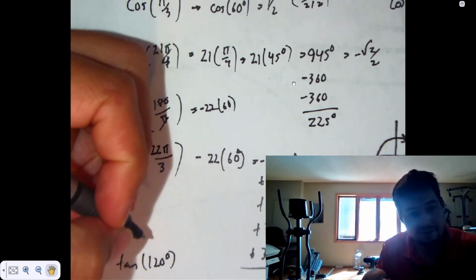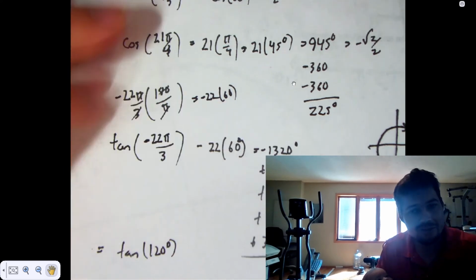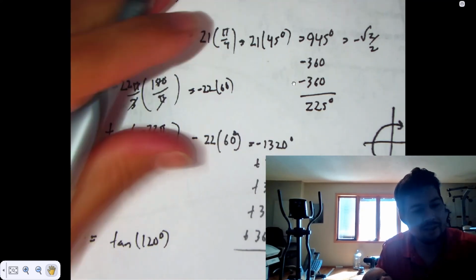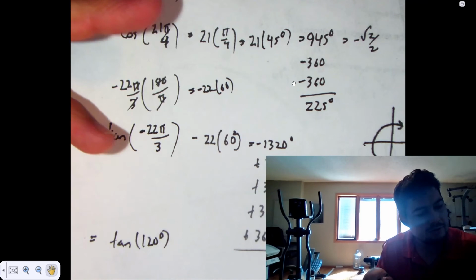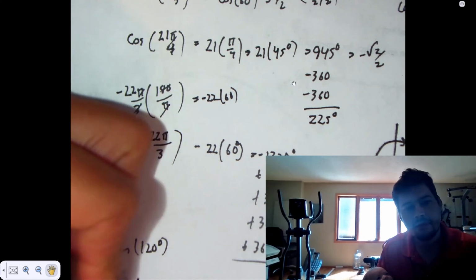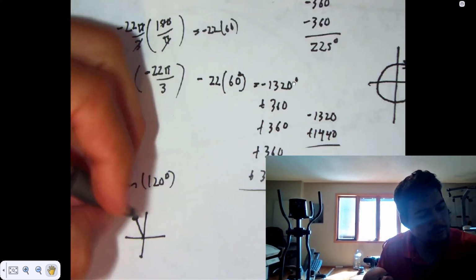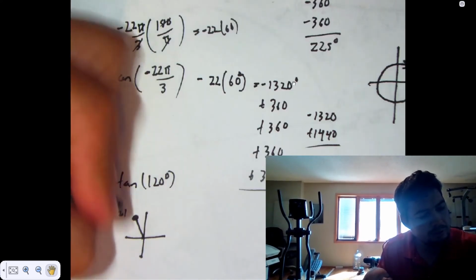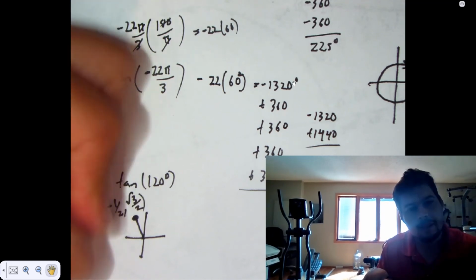It's equivalent to the tangent of 120 degrees. And then you can think about your unit circle. You can think about it in your head if you want. But 120 is about right here. And to get to that point, you went to the left a half a unit, and you went up root of 3 over 2. Now, this is the tangent ratio.